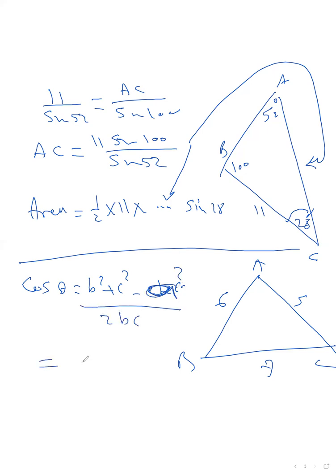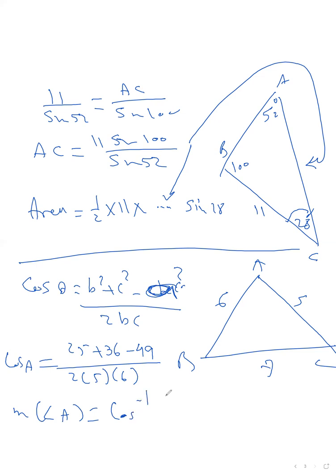And substitute. B squared will be 25, C squared is 36, minus A squared, which is 49, over 2 times 5 times 6. This is cosine A. To find the measure of angle A, it will be cosine power of negative 1 of this answer, which is shift cosine of the answer. Okay.